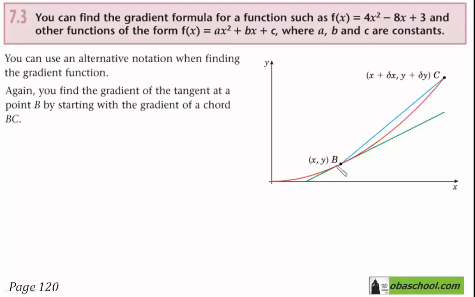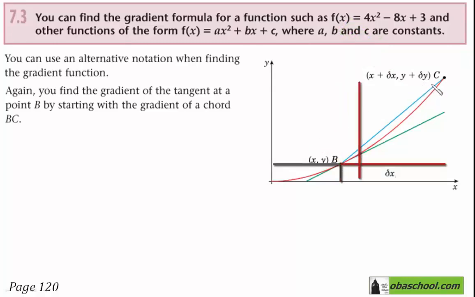For example, we have this curve in red, and it's the function we have. We have the point B with the coordinates x, y, and then the point C with another coordinate, and the change in the coordinate is called delta x or delta y.